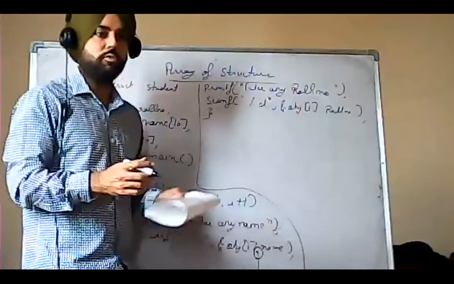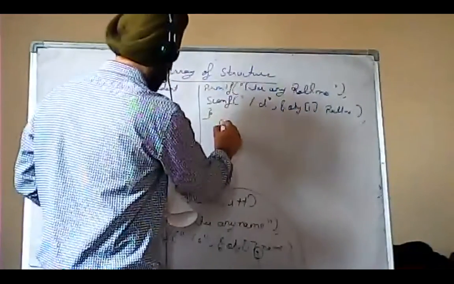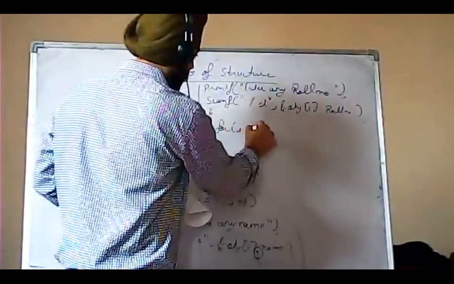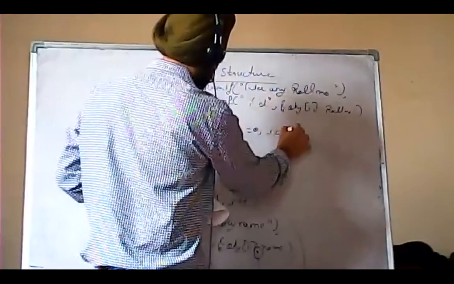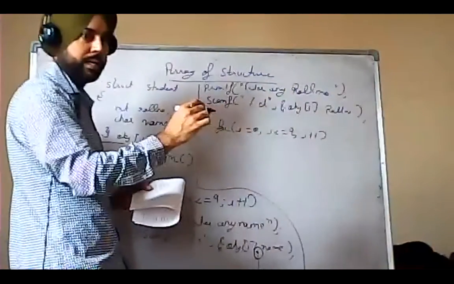Before printing the value, you must start one for loop. So I'm just going to start a for loop with the same variable name, same up-to value, and same type of increment.